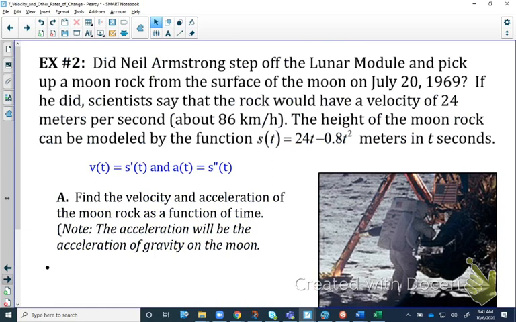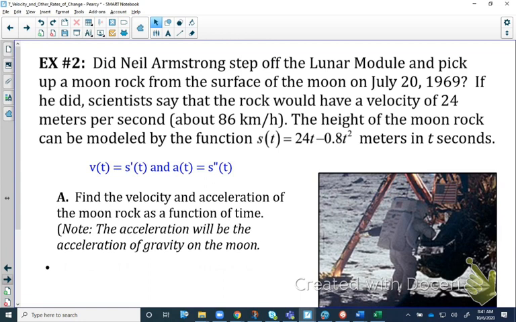Here, example 2. This particular example is not a serious heavy hitter in the things that we're talking about here, but Neil Armstrong stepped off the lunar module and picked up a moon rock from the surface of the moon. If he did, scientists say that the rock would have a velocity of 24 meters per second. The height of the moon rock can be modeled by the position function as it's given to you, 24t minus 0.8t squared.